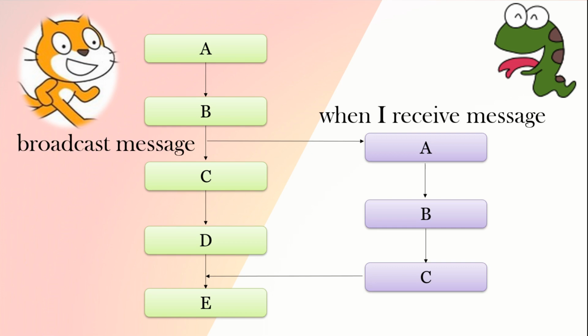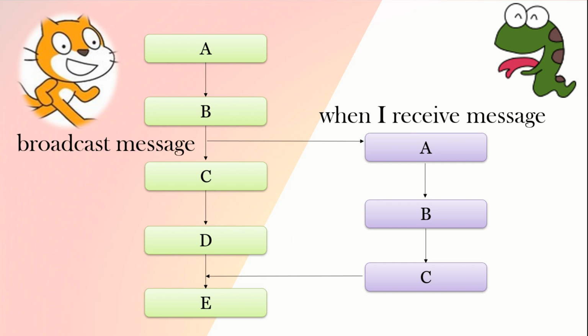So we saw there, we run some blocks in the code from the cat, and then we sent a broadcast message from the cat, and when the dog received it, run the blocks, and then we sent another message, and when the cat received that, then that run the blocks again. So we can see that we can broadcast a message, receive a message in Scratch.